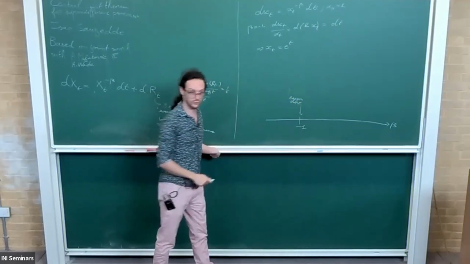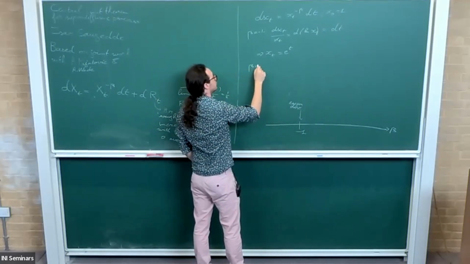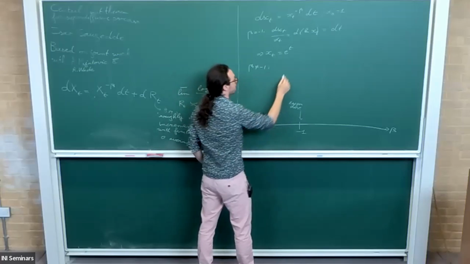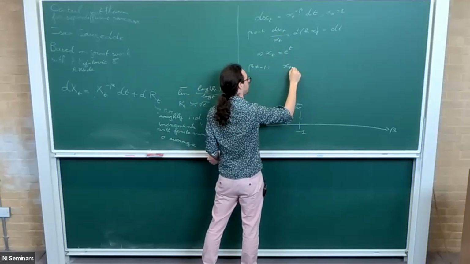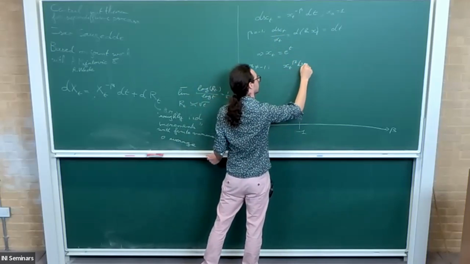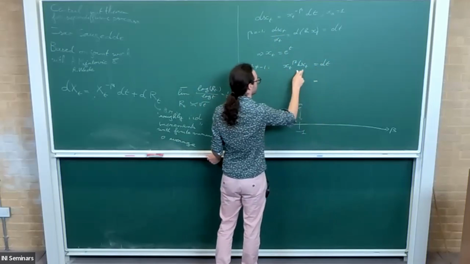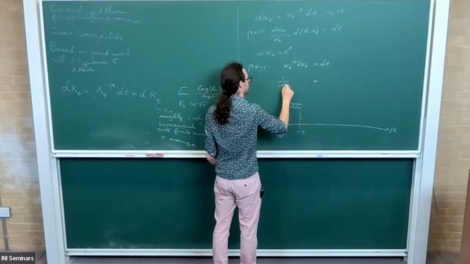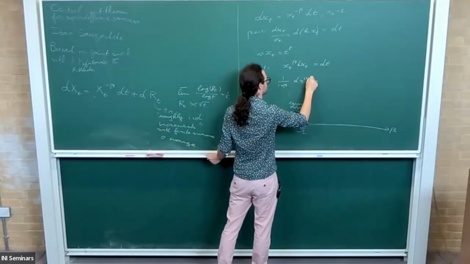Okay, that's good. Now for beta that is different from -1, you similarly get, multiplying by Xt to the beta, 1 over 1 plus beta d of Xt to the 1 plus beta.